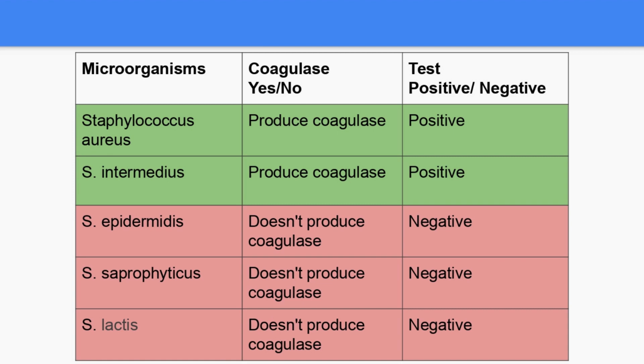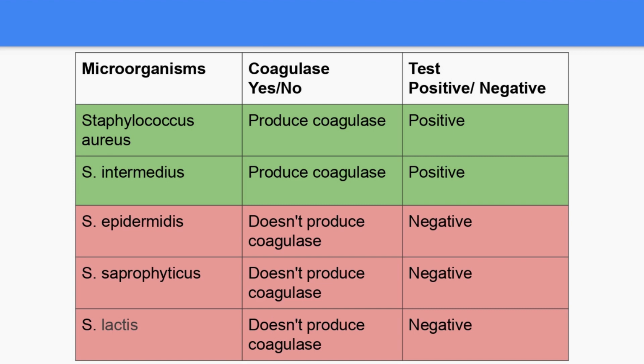All other species which come under Staphylococcus genus cannot produce coagulase enzyme, so that they will give negative coagulase test. Only Staphylococcus aureus and Staphylococcus intermedius give positive coagulase test, and all other Staphylococcus species give negative coagulase test.